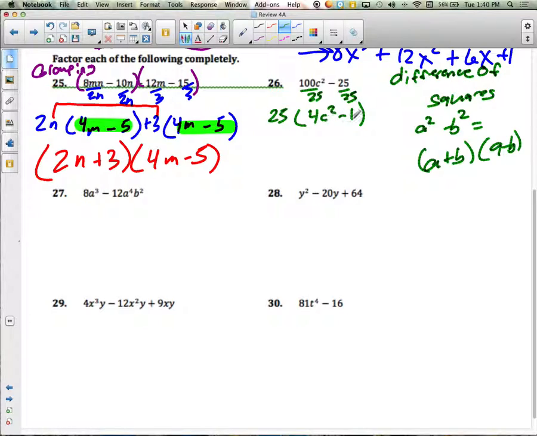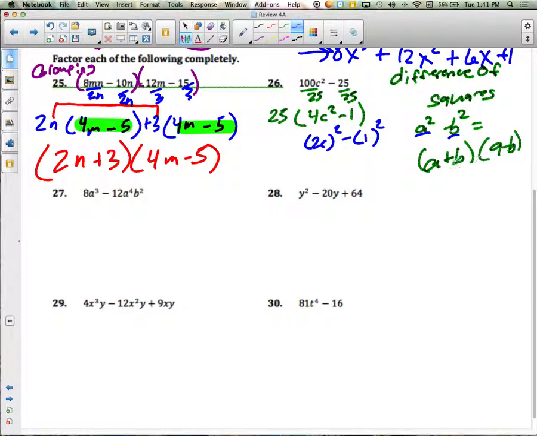And then if I look at this, I still have a difference of squares. Because what can I square that will give me 4c squared? Well, that would be 2c. And then can I square something and get a 1? Well, 1 squared is 1. Alright, so I still have a difference of 2 squares. This 2c is my a value and the 1 is my b.